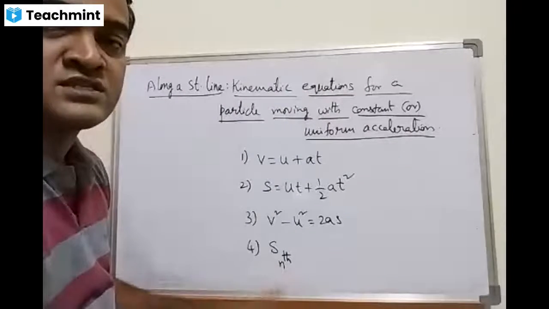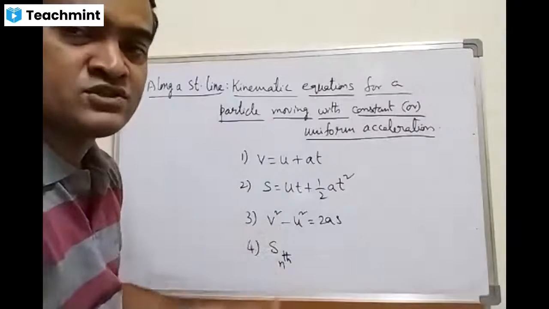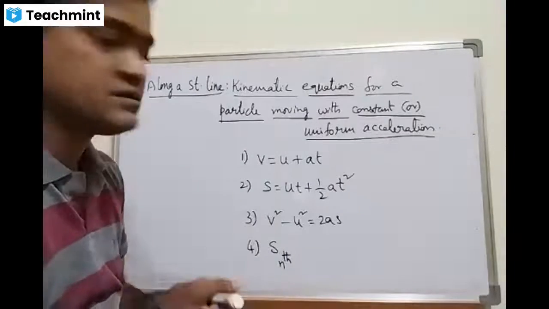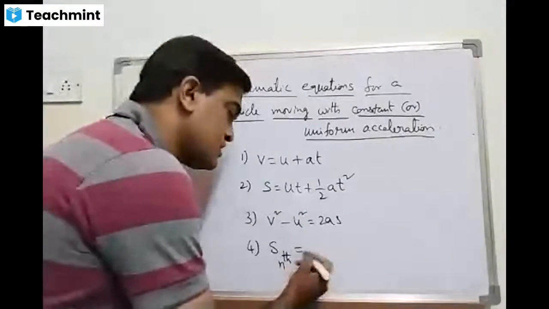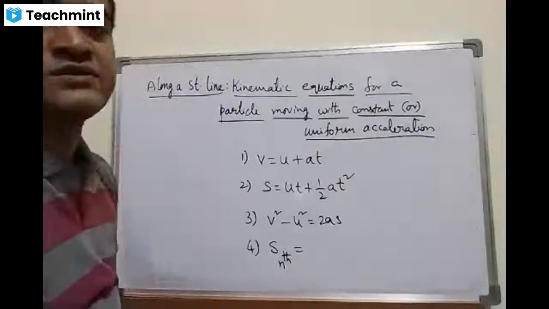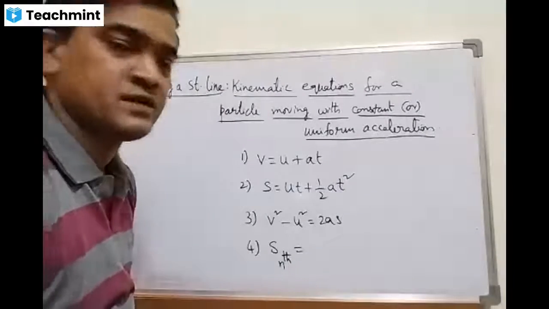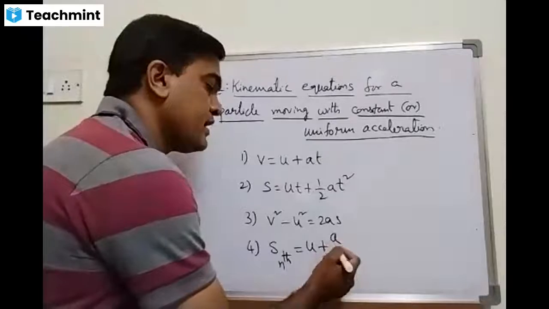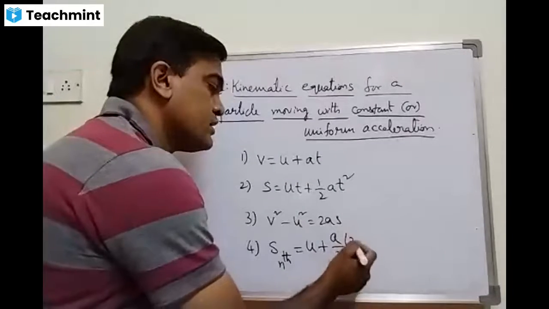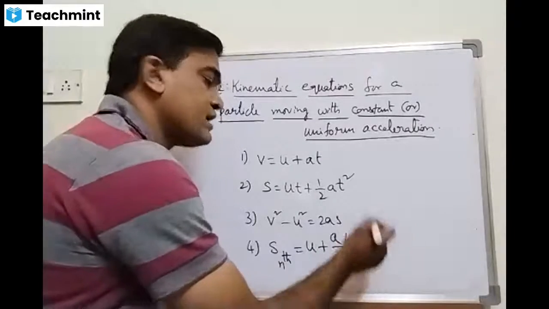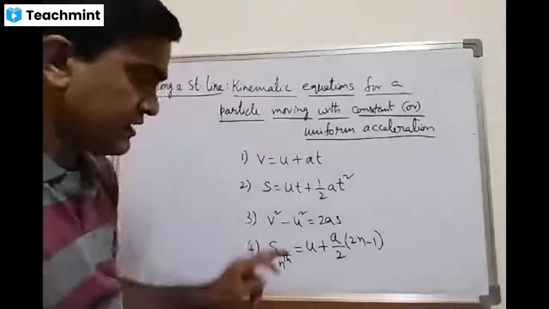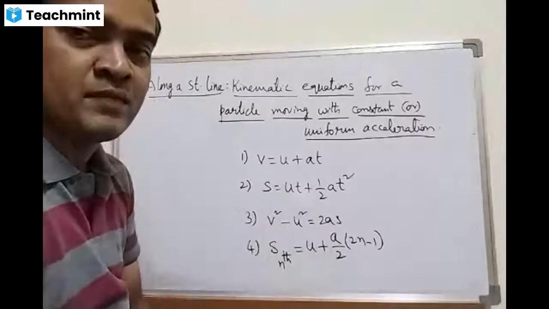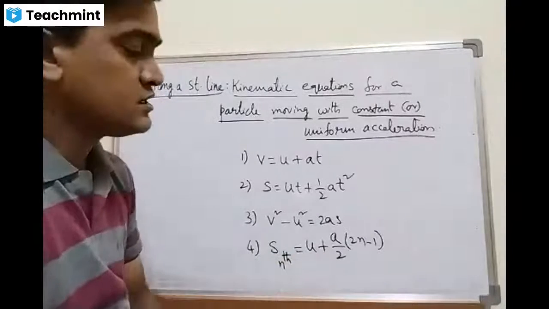Now here, distance covered by a particle in nth second along a straight line is equal to, and anyways we'll derive it if time permits, u plus a by 2 into 2n minus 1.